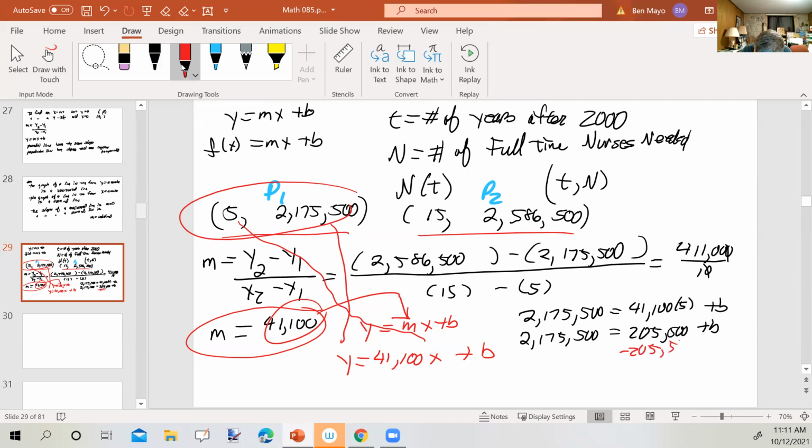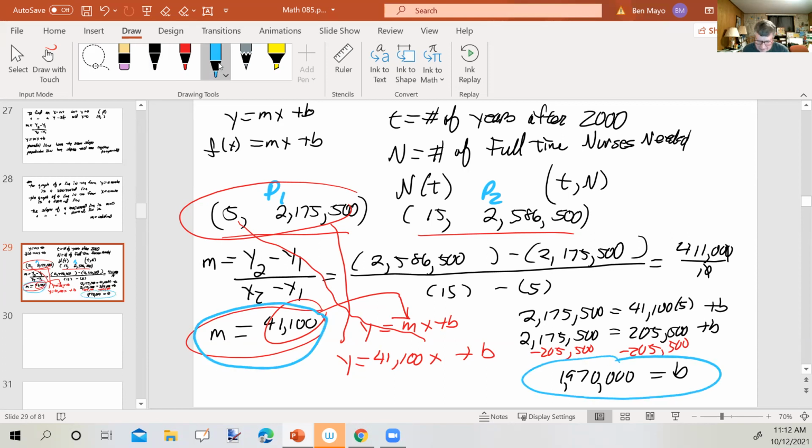Subtract 205,500 from both sides, and we get b equals 2,175,500 minus 205,500, which is 1,970,000. Okay. All right, so I found out the slope was that and the y-intercept was that.